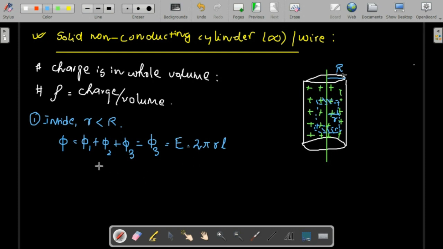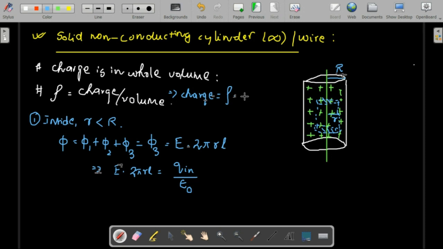Now we can use our Gauss's law. We can simply say that E into 2 pi r l is equal to the charge inside divided by epsilon naught. If we are talking about this concept, the charge is nothing but rho into the volume.